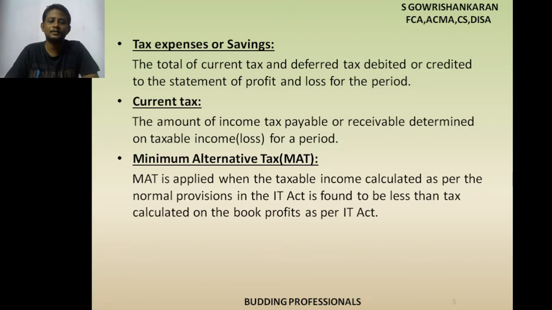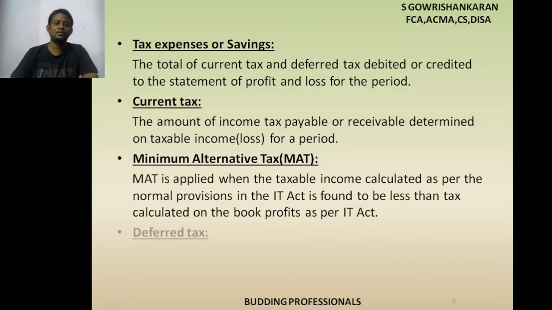Under MAT we may pay more in the first year, and next year whatever you paid more can be adjusted against the income tax amount. You should have some basic idea about MAT; I am not going to discuss what MAT is. So MAT is also calculated as per the Income Tax Act. Your current tax expenses include tax calculated as per the Income Tax Act as well as tax calculated under MAT.